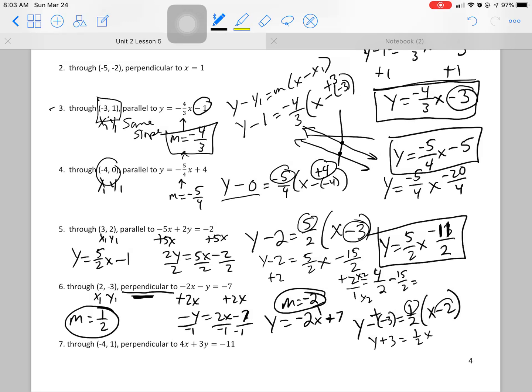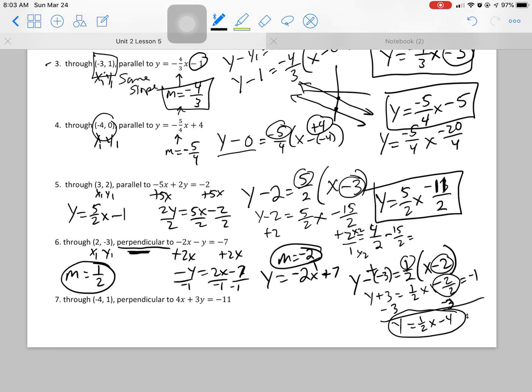Negative 2 times a positive 1 is a negative 2 over a 2. Subtract 3, subtract 3. This right here equals a negative 1, right? A negative 1 and a negative 3 gives me y equals 1/2 x minus 4. Let me check my answer key. Yes, that is that one.